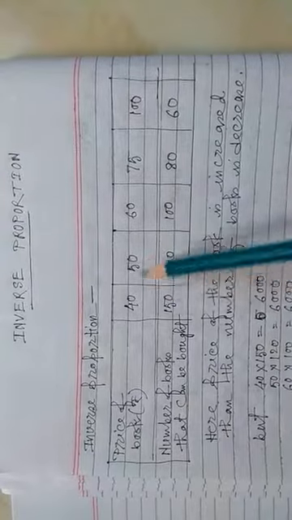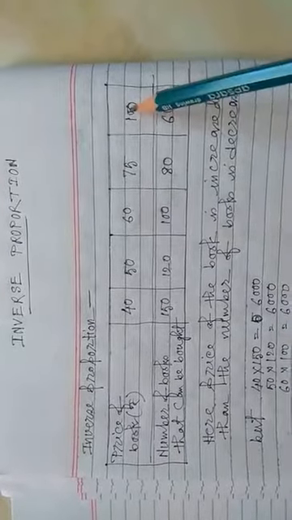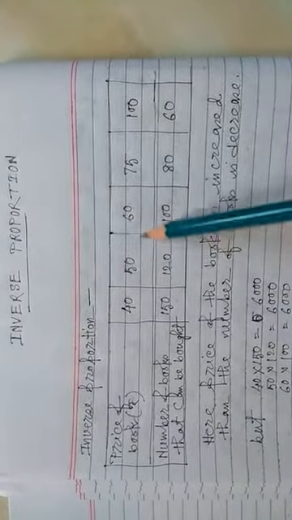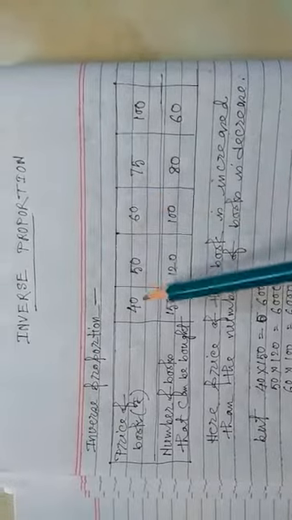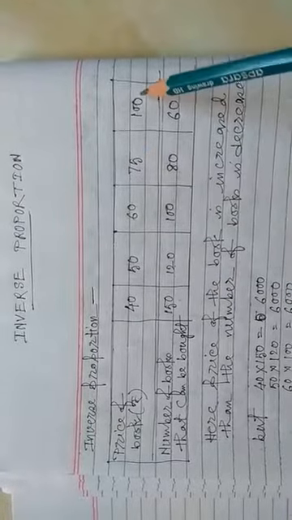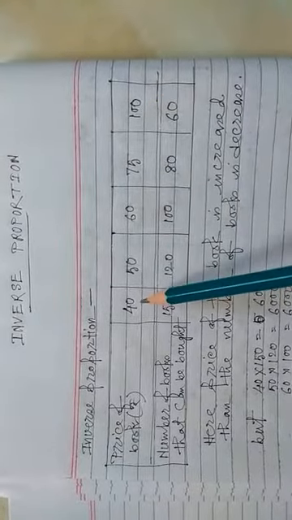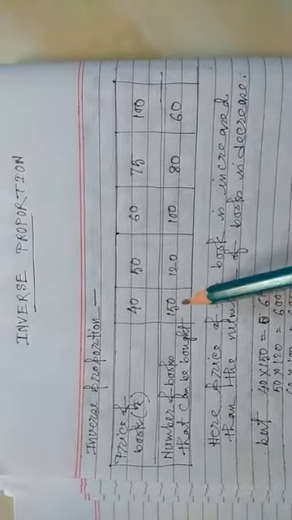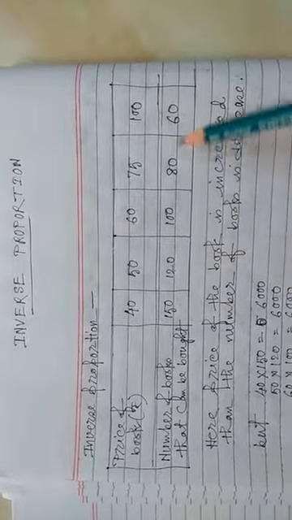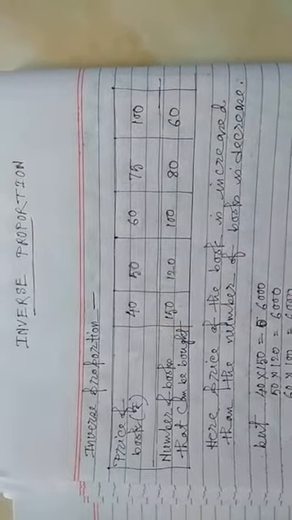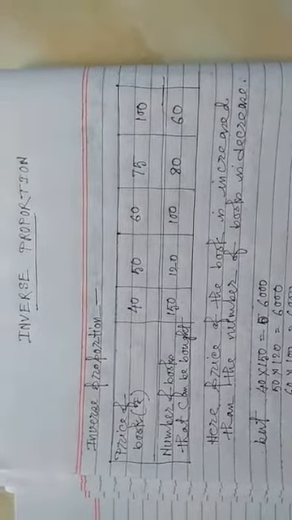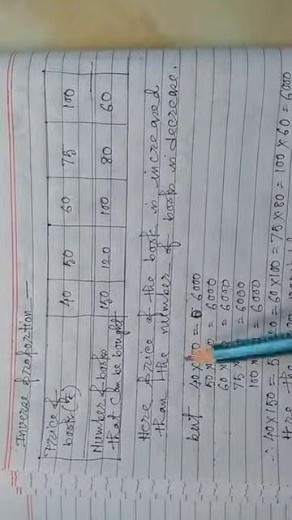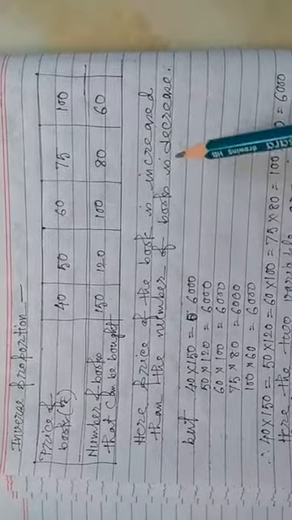So as the price of the books increases, 40, 50, 60, 75, 100, the number of books that can be bought decreases, because the total amount is fixed.